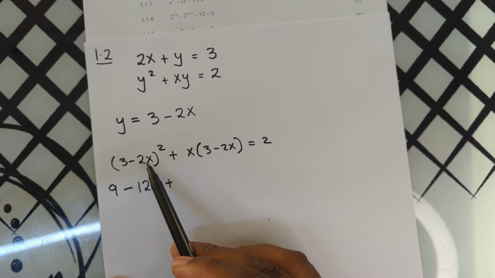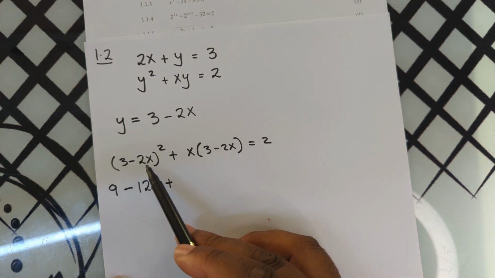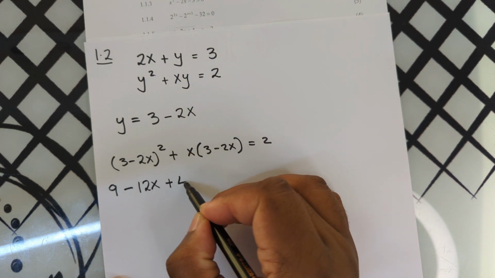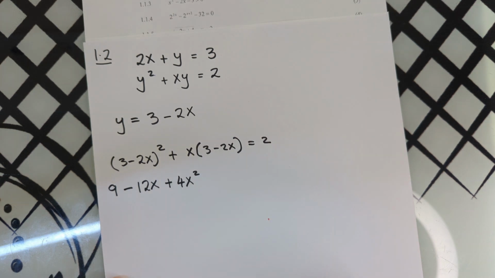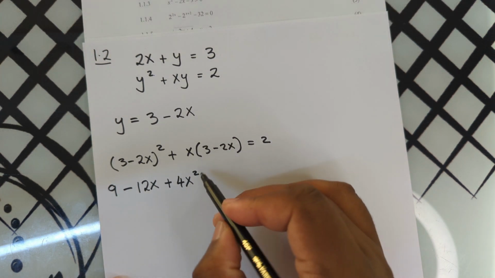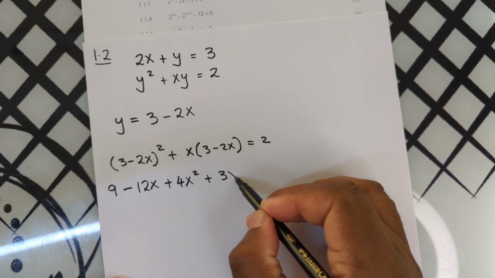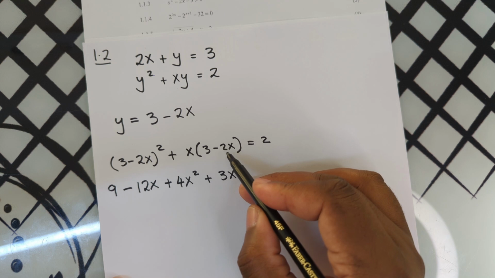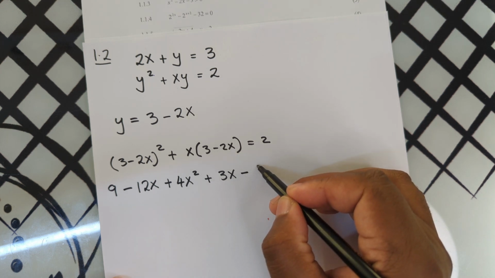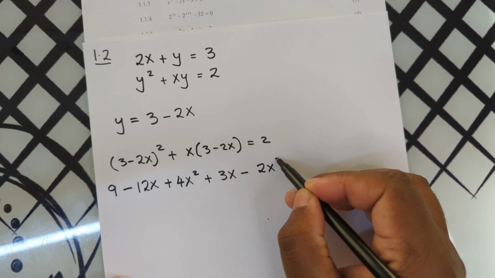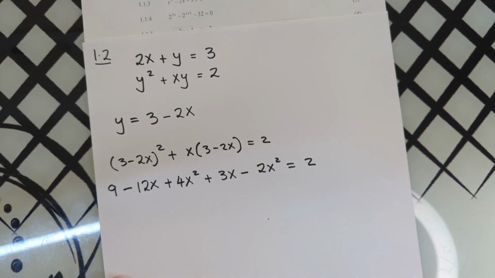Every squared number is always positive. So 2x to the power 2, that's going to be 4x squared. Now let's expand the second expression. x multiplied by 3, that's 3x, minus x multiplied by 2x, that's going to be minus 2x to the power 2, being equal to 2.